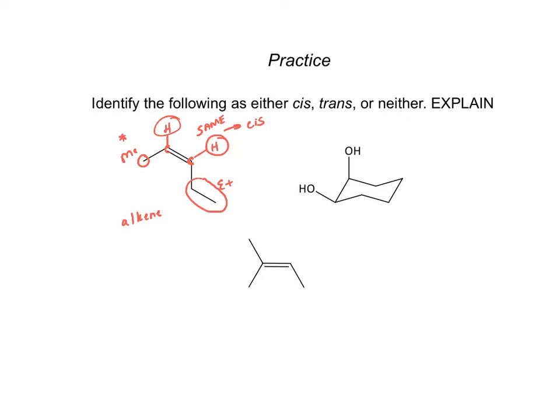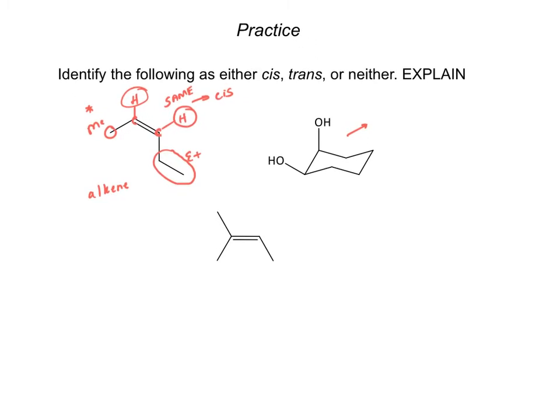Okay, so then moving over to this guy, we will try to confuse you quite a bit by drawing these various things in the chair conformation. Sometimes it's easier to see if we draw the bond line structure. So I'm going to convert this chair to my cyclohexane in bond line structure.